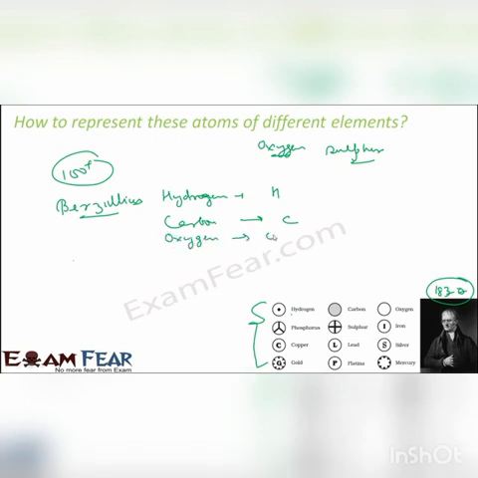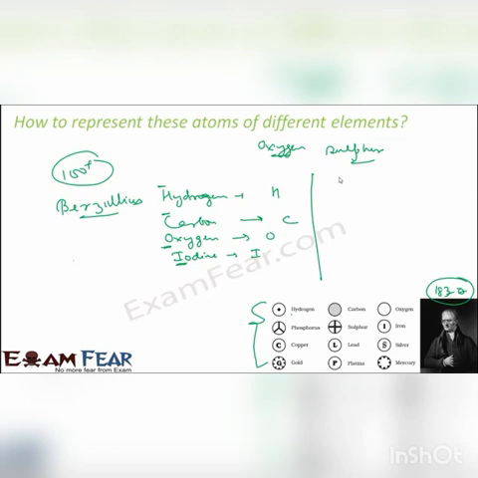So oxygen is also represented by O, the first letter of oxygen, the first letter of carbon, the first letter of hydrogen. Right? If you talk about iodine, that is also represented by first letter, that is I.